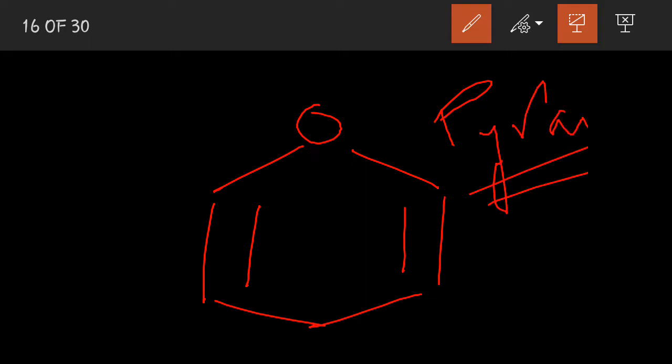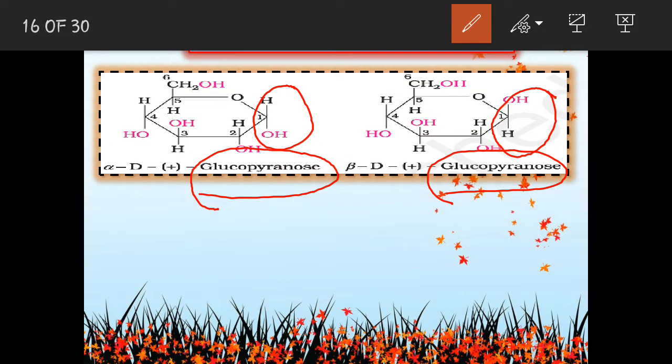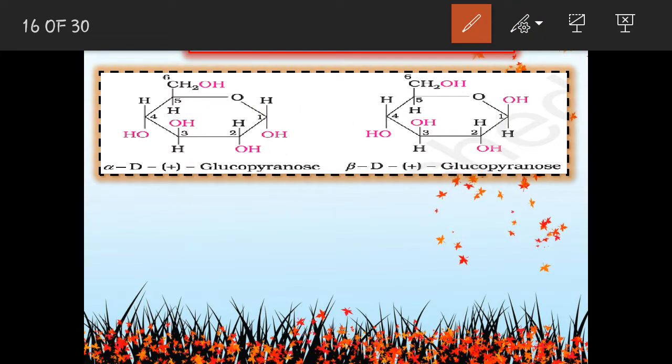What is its name? Pyran. And this pyran structure is present here, no? So it looks like a pyran structure, a 6-membered ring where 1 member is oxygen and the remaining 5 are carbon. Since it looks like pyran, this is also called pyranose. Alpha D plus glucose and alpha D plus glucopyranose are the same.